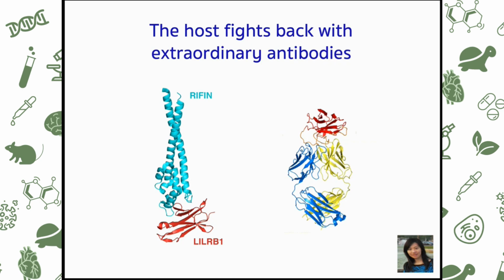Now, there's a whole family of riffins which recognize LAIR1, and they vary, just as those other families that I told you about vary. So it's very hard to make an antibody which will bind to all of these. So what the immune system has done in people in malaria endemic regions of Africa is the antibodies have grabbed hold of LAIR1.